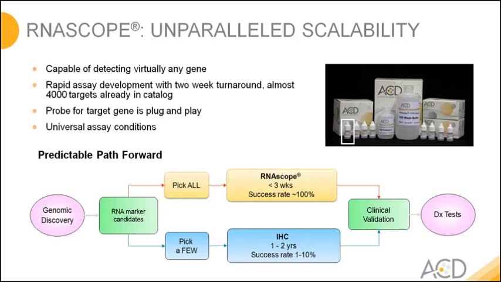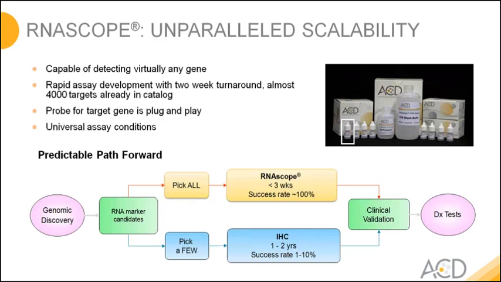So with RNAscope, you potentially can pick all the candidates. We give you probes in less than 3 weeks, so typically in 2 weeks. Our success rate is almost 100%, and you can go to clinical validation almost right away. What helps us here is that you get universal assay conditions. So you don't have to optimize for concentrations, for incubation temperatures, for buffers, for pH, for whatever.